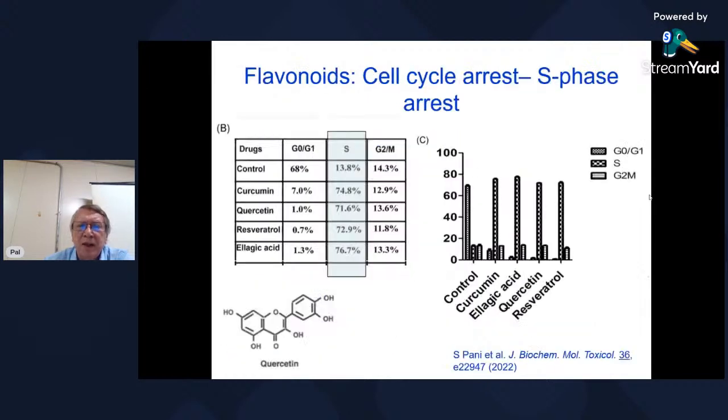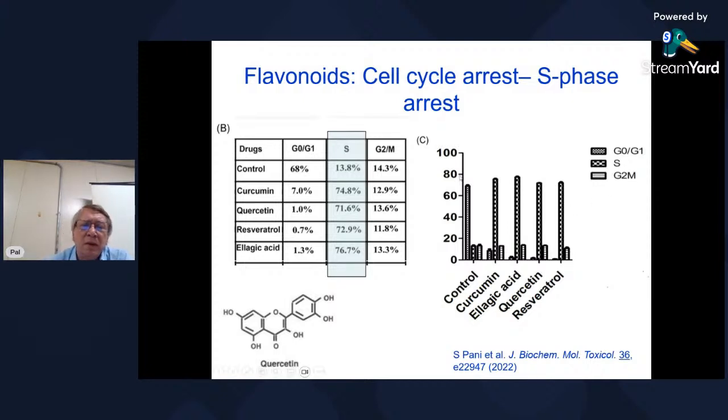As for flavonoids, among them, one of the more well-known anti-cancer flavonoids is quercetin, which has a cell cycle specific effect, and this particular flavonoid, as you can see in this graph, is an S-specific flavonoid.